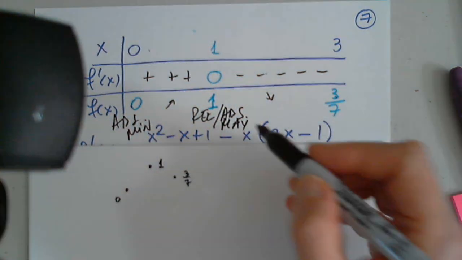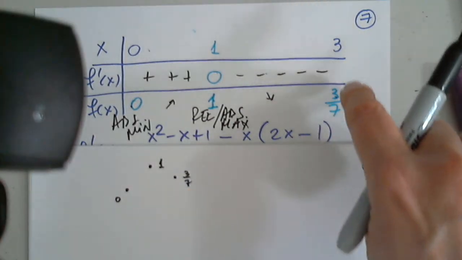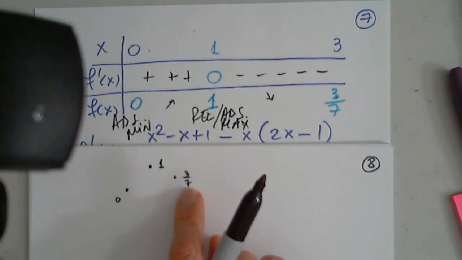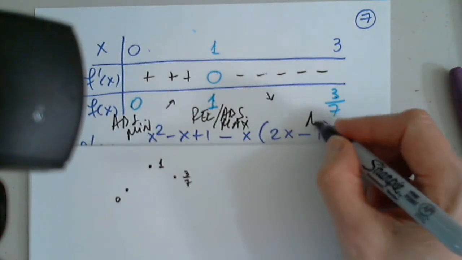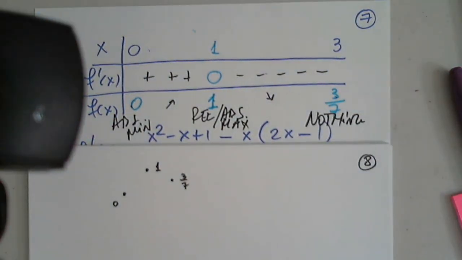Max. Very good. What do we conclude about 3 comma 3 over 7? It's nothing. It's not a relative max or min. It's not an absolute max or min. It's nothing. Very good. This is how we study a function on a closed interval.